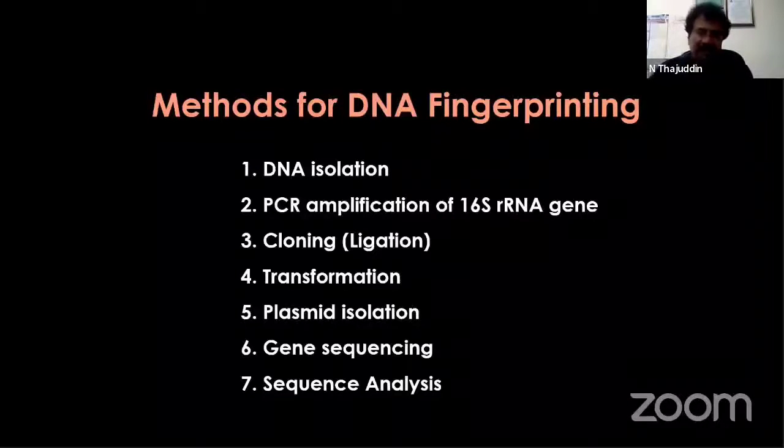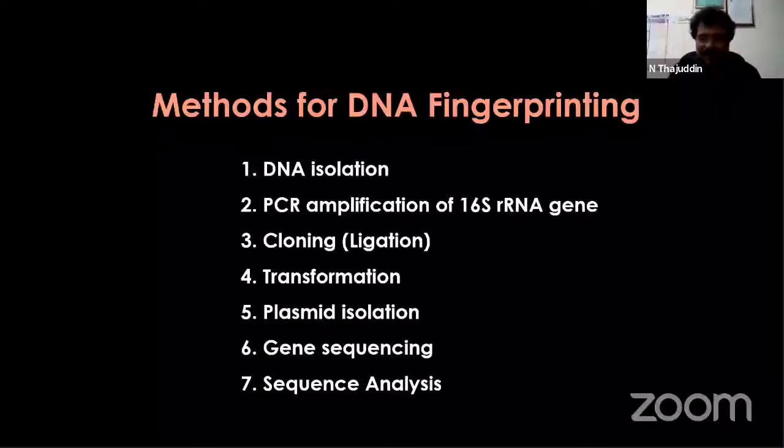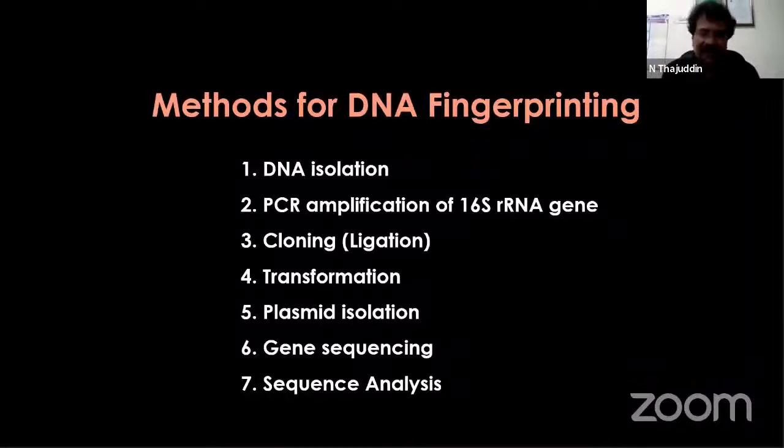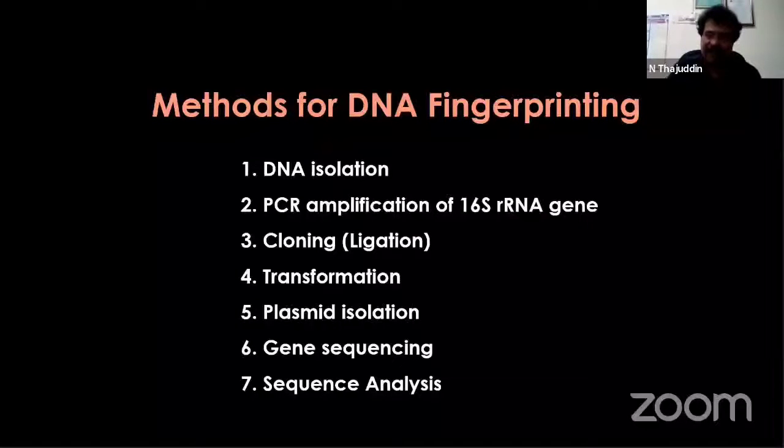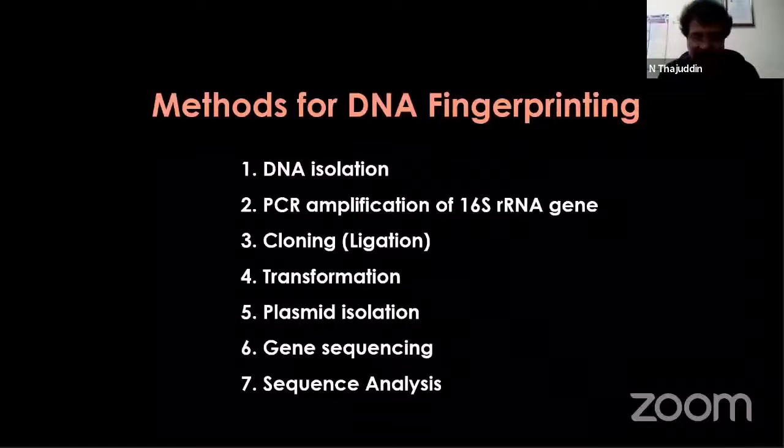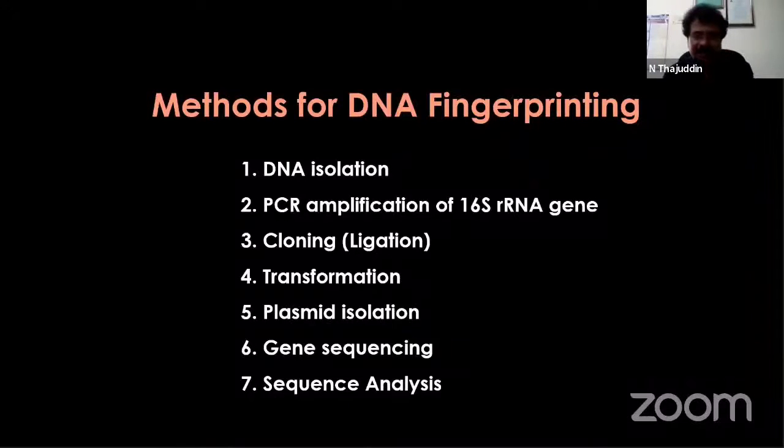Because if we isolate the rRNA from the ribosomes, the half-life of the rRNA is very short, and it is very difficult to maintain an RNase-free environment, so it is easily degraded. Even if you isolate the rRNA, you have to go for reverse transcriptase PCR to convert the rRNA molecule into a DNA molecule, and then go for normal PCR to amplify.